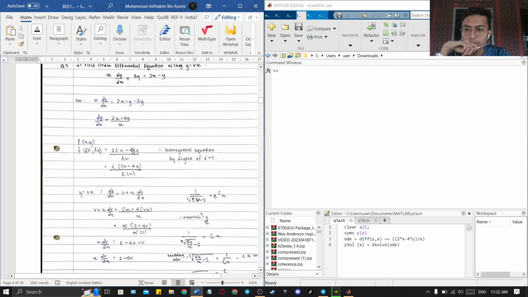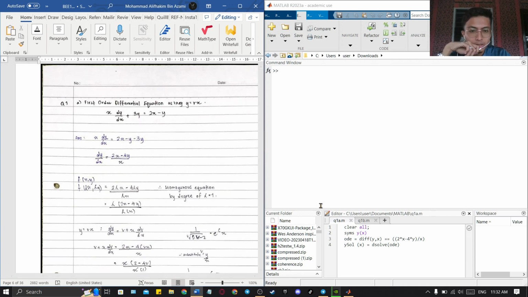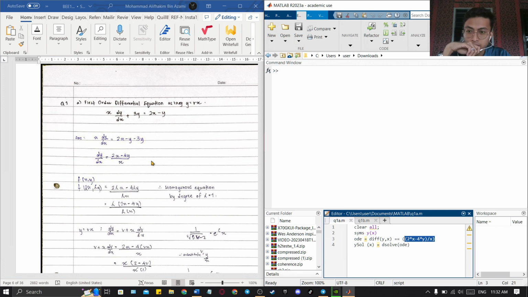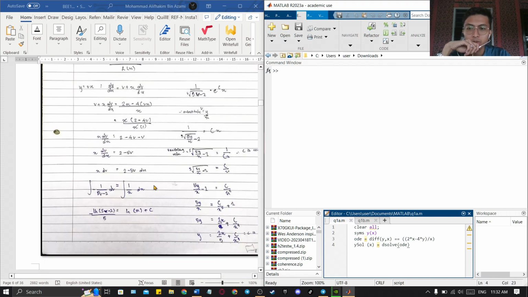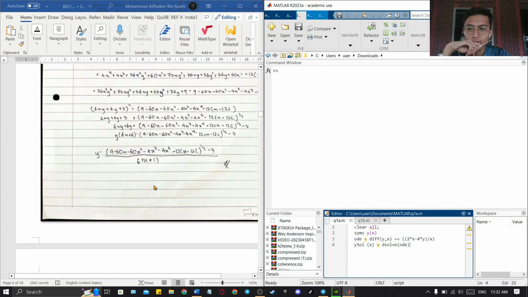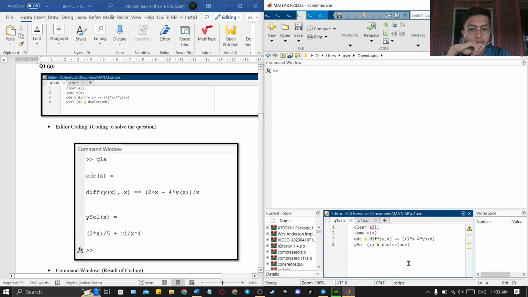We already simplified it, so x goes to the right side and 3y also, and it is the same as below, which is dy/dx equals (2x minus 4y) divided by x. If we run it, it will conclude here.